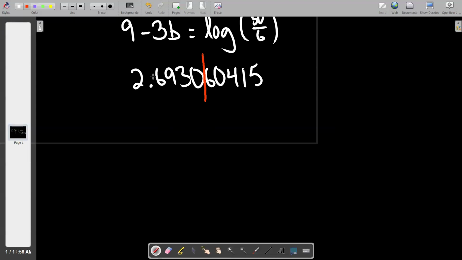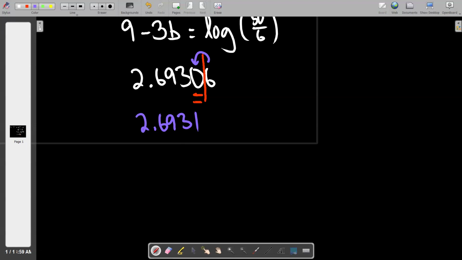If I'm going to round to this decimal place, I only need to know one more digit. So I don't need to know anything else. So the 6, the 9, and the 3 generally are not going to be involved. What's going to happen is what that 6 is going to do to the 0 that we're interested in. And that's why we get 2.6931.